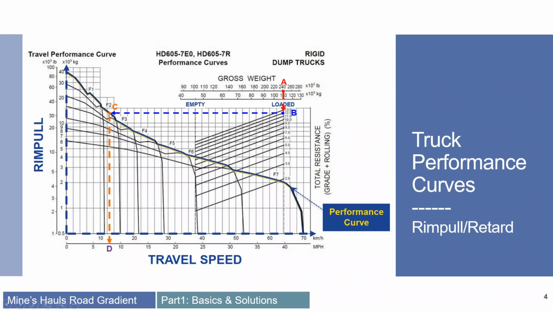This point, named C, helps you to find the final answer by going down to the speed axis, and in this case the truck can travel at about 12 kilometers per hour.